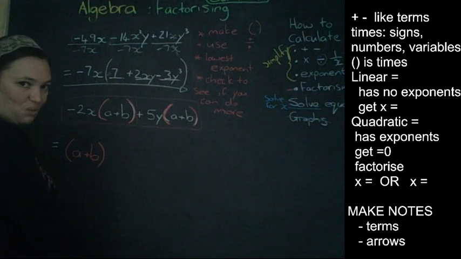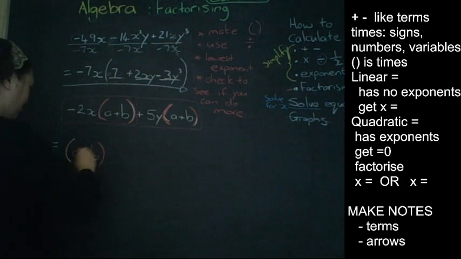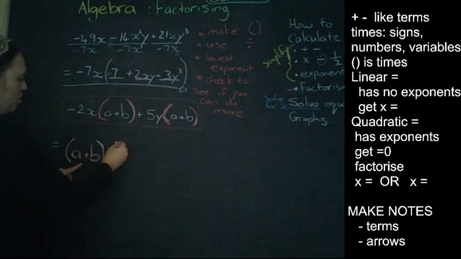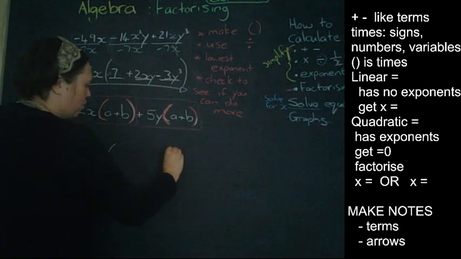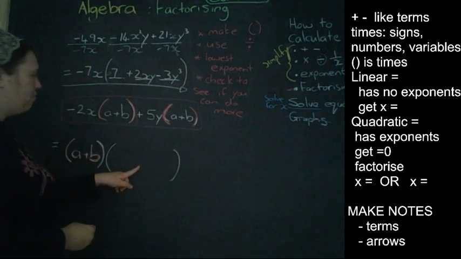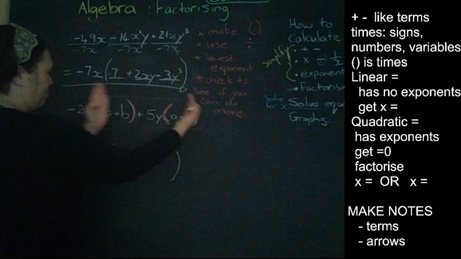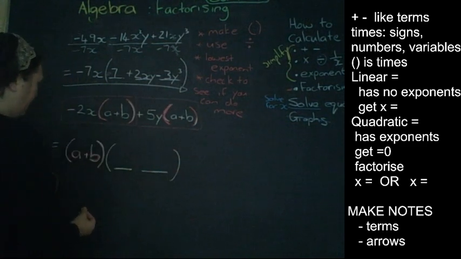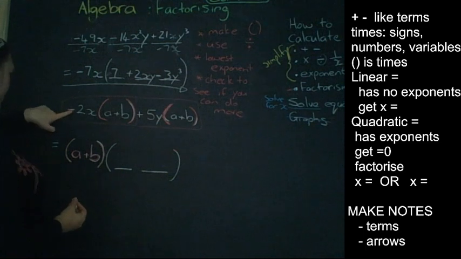Okay, and what do we have to do? In brackets, we have to write down what's left over. We have two terms here, so we have two terms here. So what have we got?